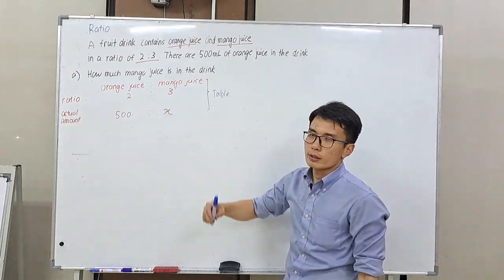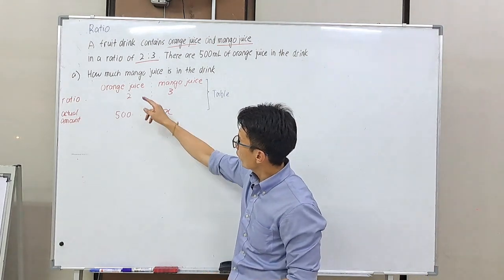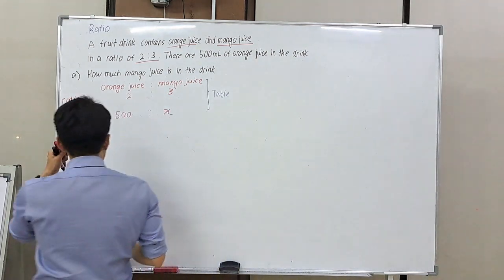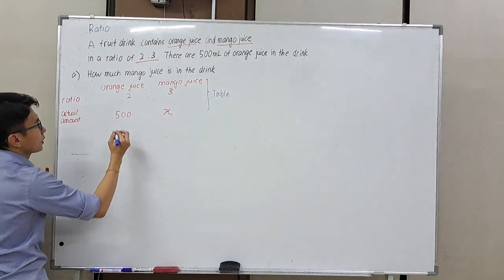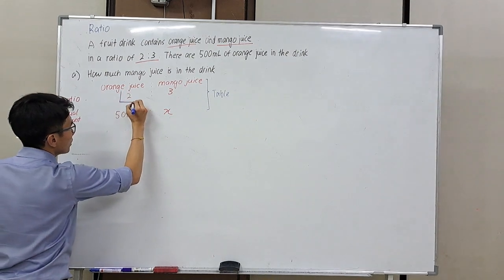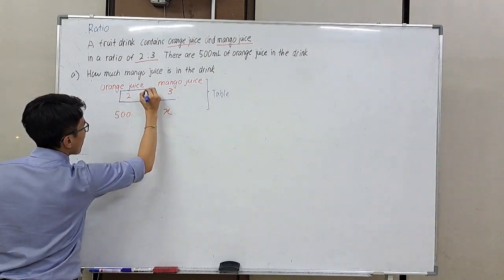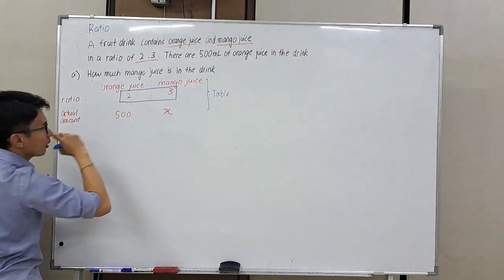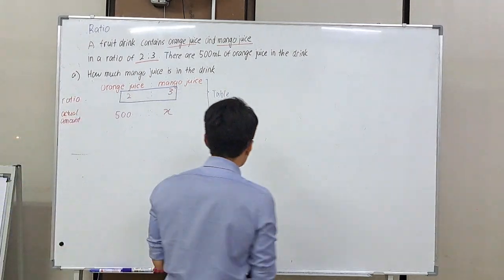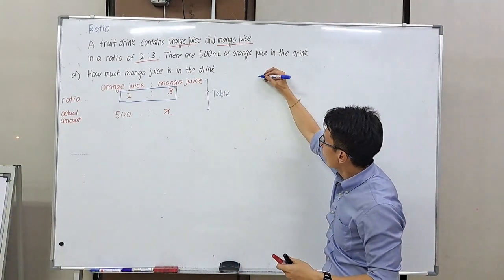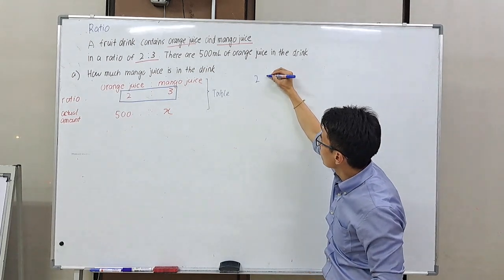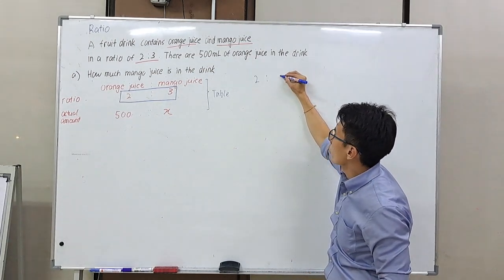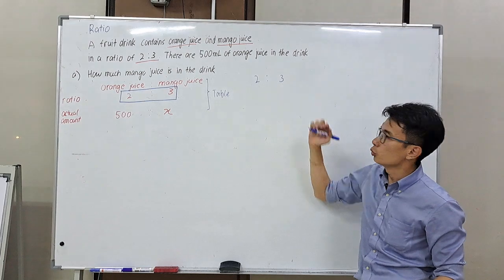Now let's take a look at this over here. I'm going to draw a box now. 2 ratio 3. I'm going to write it over here. We have already established an understanding of this ratio, 2 to 3.